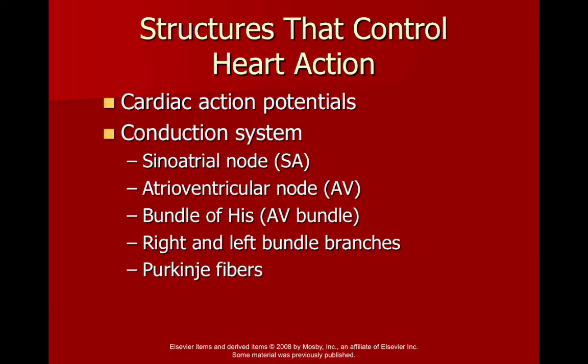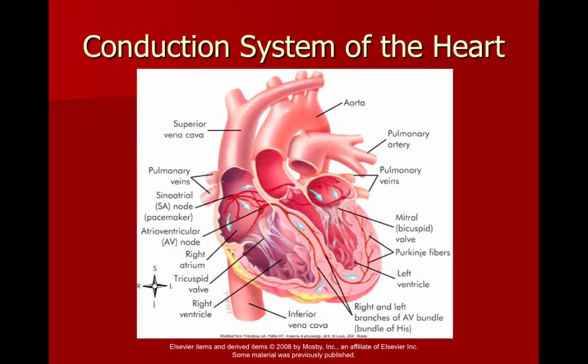So that starts the electrical impulse, which then goes to the AV node, which then branches out and goes everywhere else. As the electrical impulse reaches different parts of the heart, we get contraction, okay? So when we're looking at an EKG, which is an electrocardiogram, we're looking at the electrical impulses only.